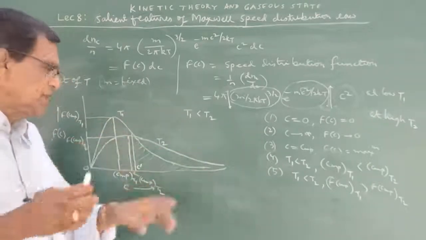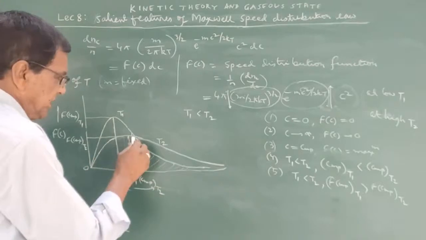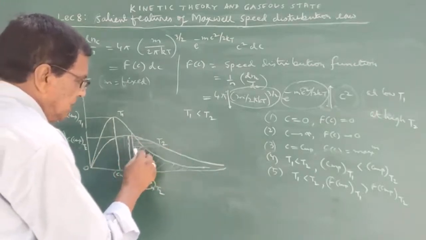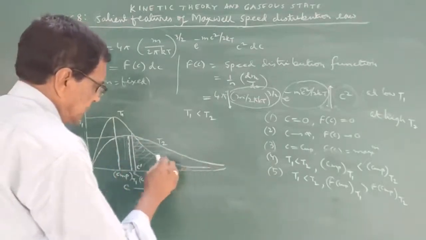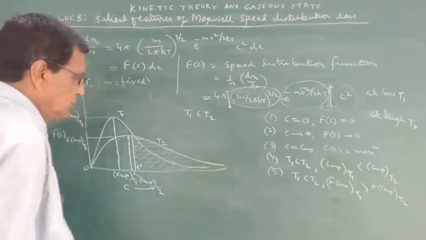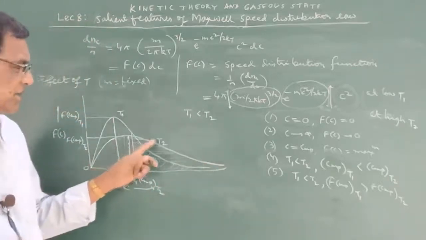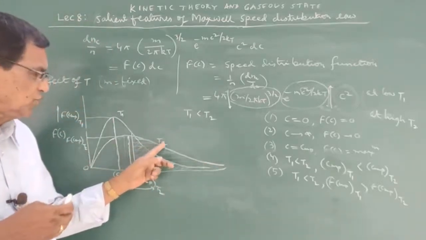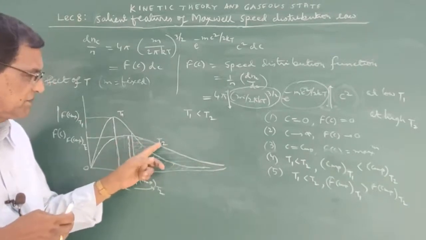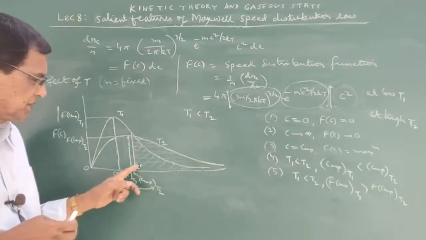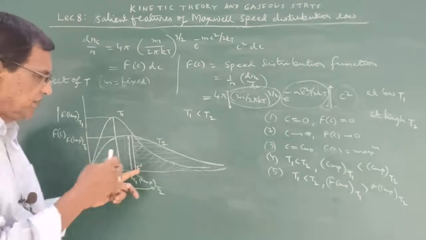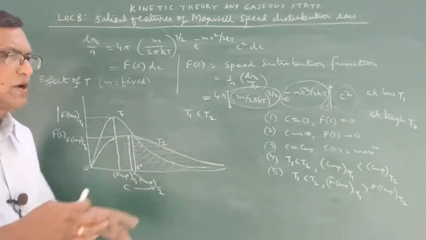But with the increase of temperature, this area will be greater. It means the fraction of the molecules at the high temperature T2 having the speed C dash to infinity is getting much more.